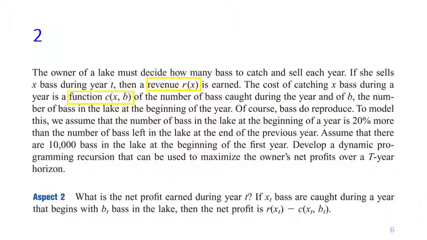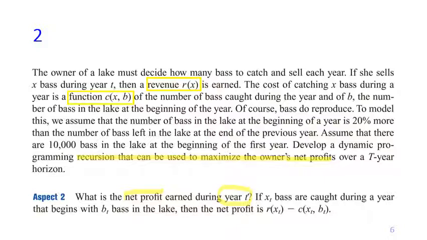Aspect 2 talks about the cost, the revenue, and everything that happens during year T, because here it says we want a recursion that maximizes net profit. So in aspect 2, we try to formulate the net profit during year T itself. During year T, we catch the fish and then we sell it.